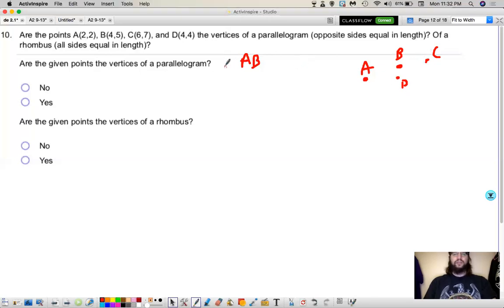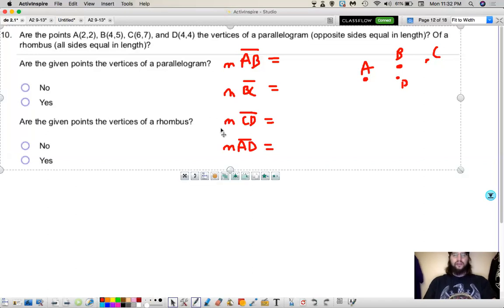So I'm going to find the slopes. Slope of segment AB, slope of segment BC, slope of segment CD, and AD. So I'm determining if it's a parallelogram first because, well, it's easier, and if it's not a parallelogram, then it's definitely not a rhombus.